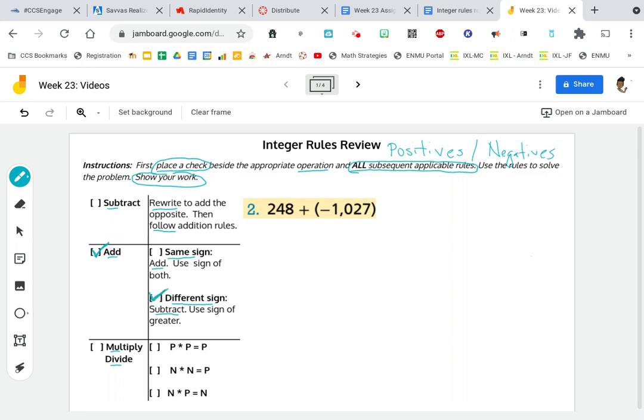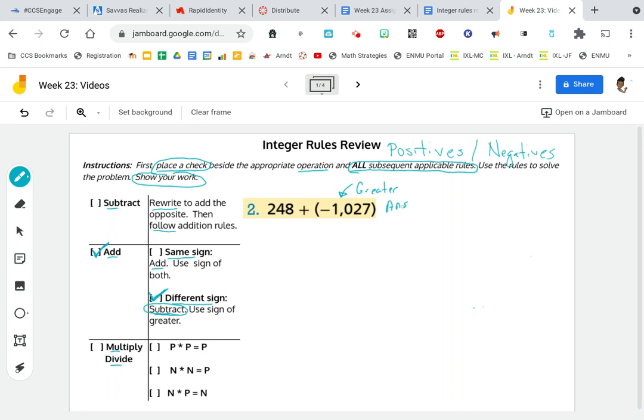The rule that I have to use is to subtract and then use the sign of the number with the greater absolute value. I know that 1027 has the greater absolute value. Therefore, I know that whenever I get my final answer, it's going to be negative.